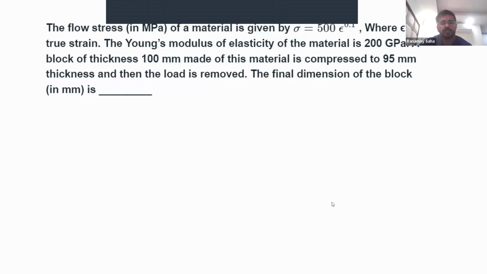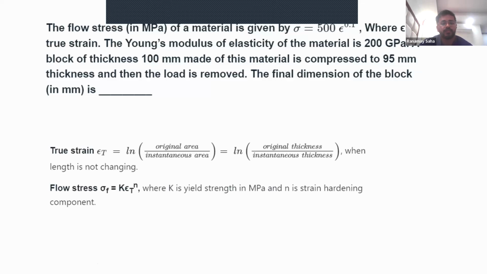Okay, so let's proceed with the solution of this current problem. For your reference, let's first know that your true strain is the natural log of the original to instantaneous area.